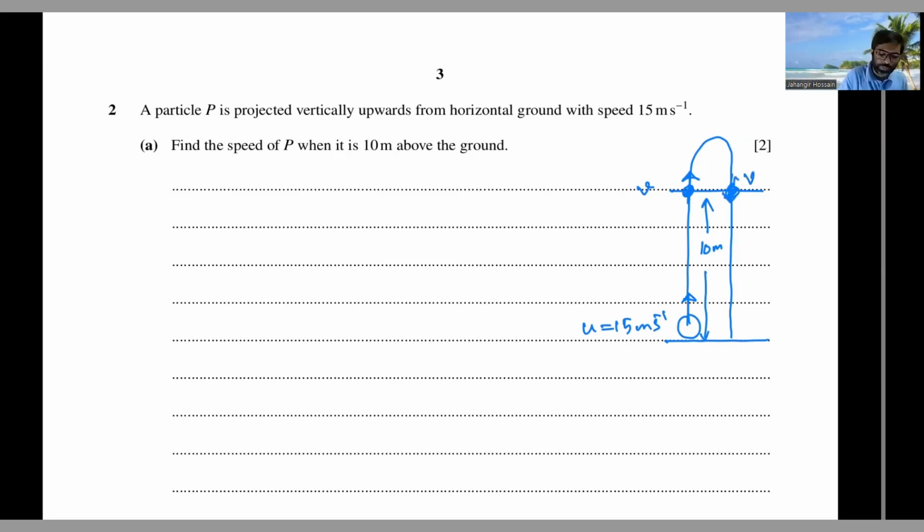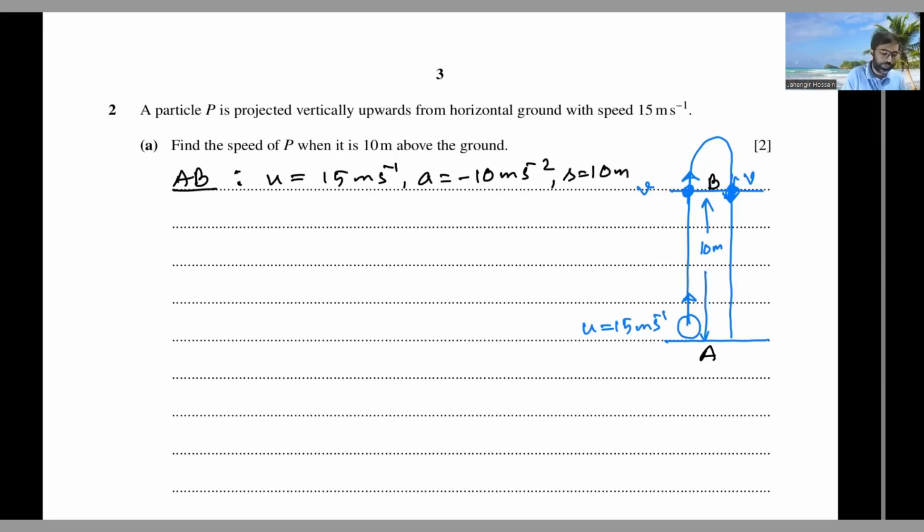Okay, let's denote the starting point as A and the point which is 10 meters above the starting point as B. So for this segment AB, we know u, we know the acceleration, and we know the displacement. We know u is 15 meters per second, acceleration is minus 10 meters per second squared, and the displacement s is 10 meters.